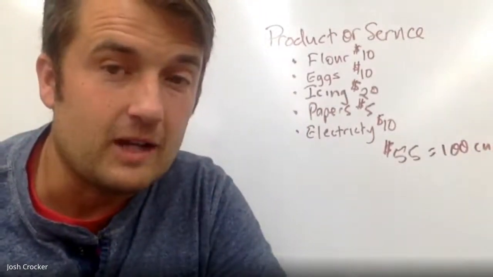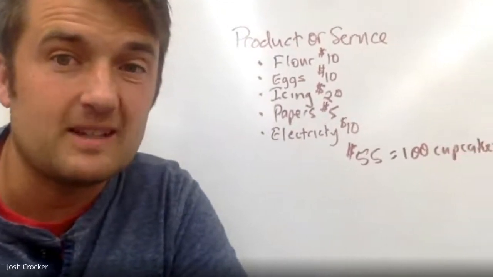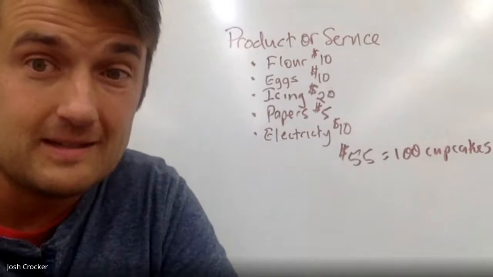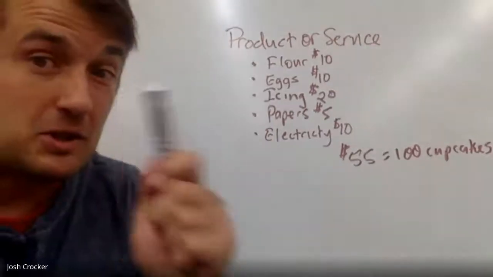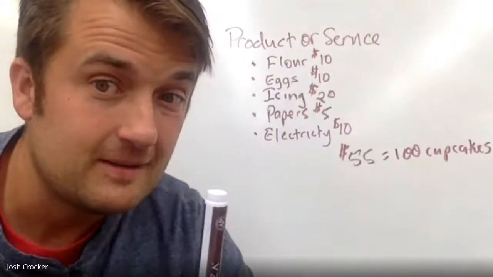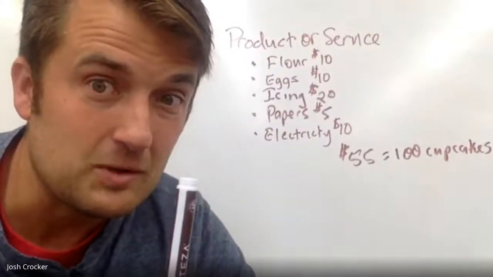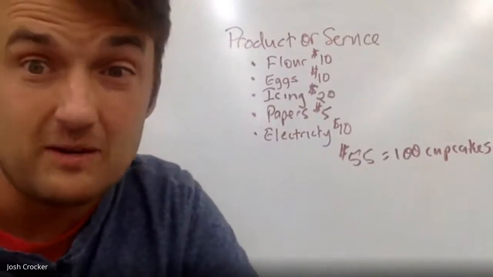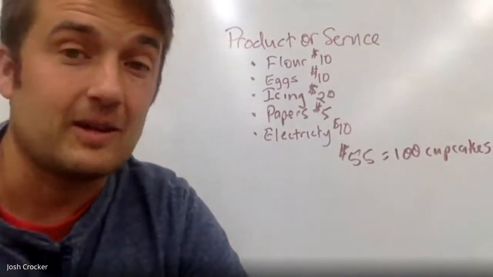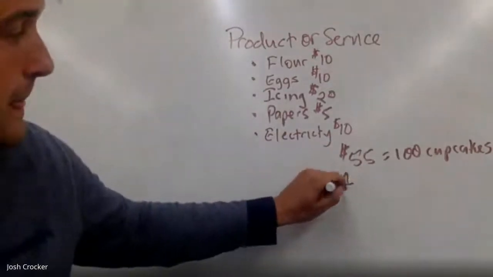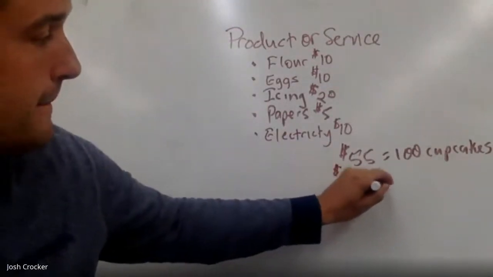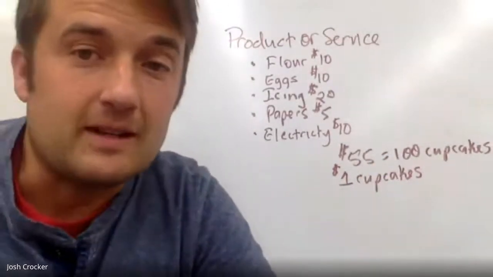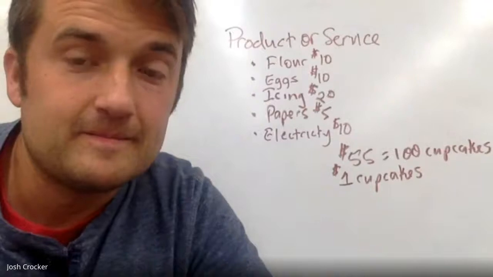Well, if it costs me 55 bucks to make 100 cupcakes, I can't sell these things for pennies, right? If I sold each cupcake for $1 and I made 100 of them, I would have $100, right? It only cost me 55 bucks. So I just made 45 bucks. Okay, so my cupcakes, if I can sell them for $1, will make me some money.